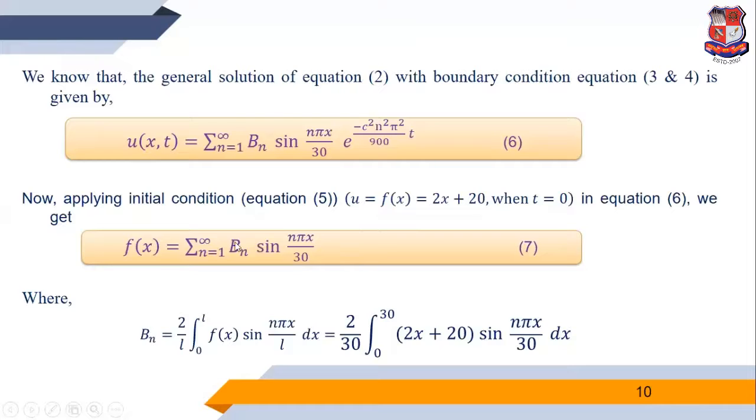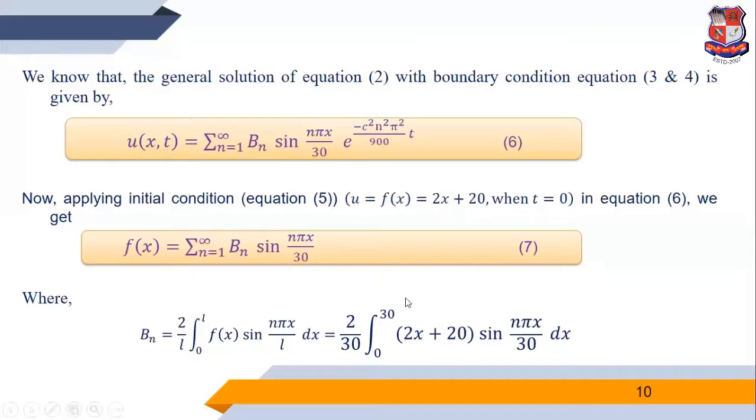We find the value of b_n using the formula 2 by L, integral 0 to L, f(x) into sin(nπx/L) dx. Now L is equal to 30, so we replace L with 30, and f(x) is the initial temperature distribution 2x plus 20.